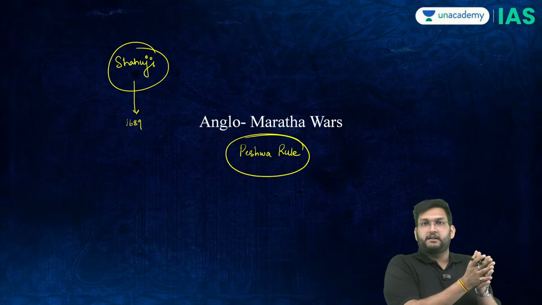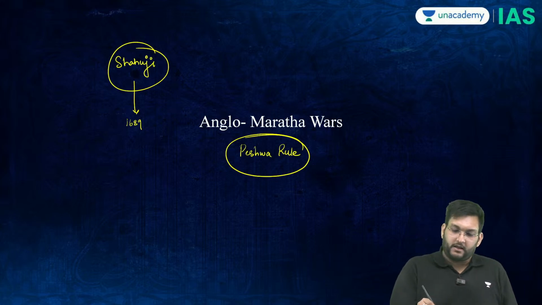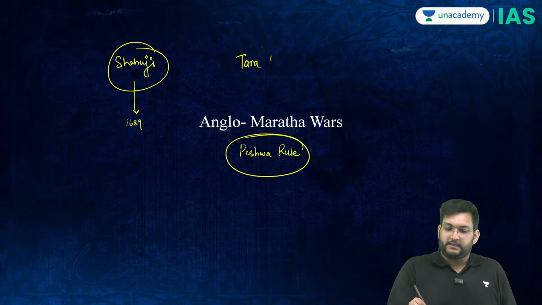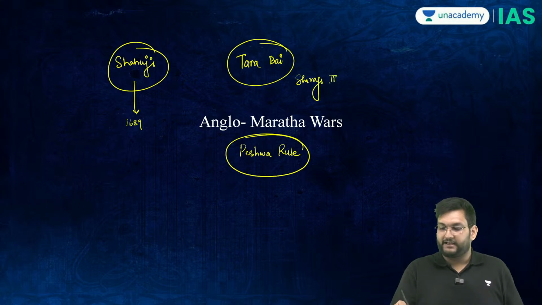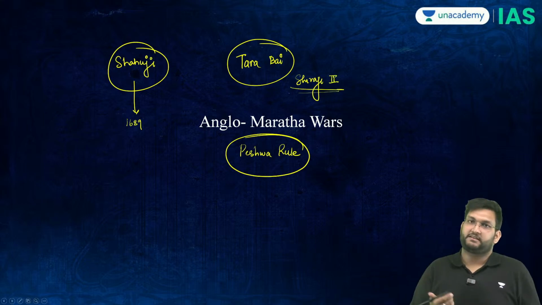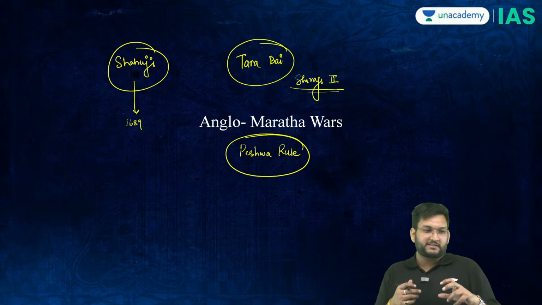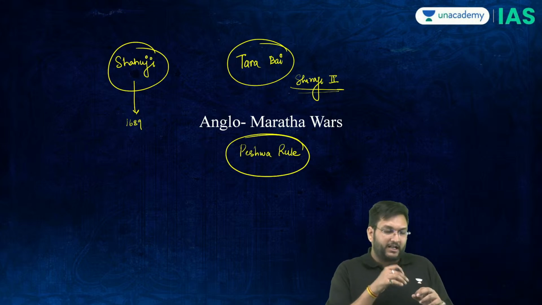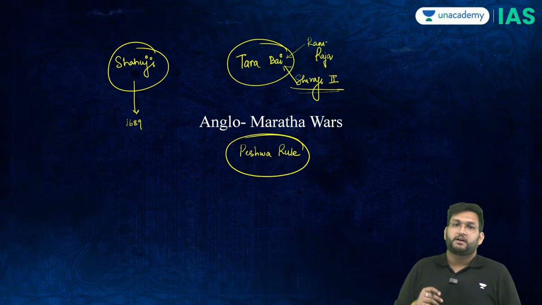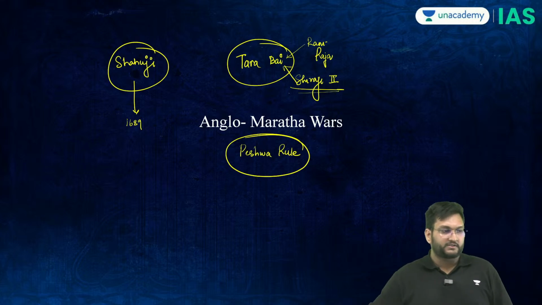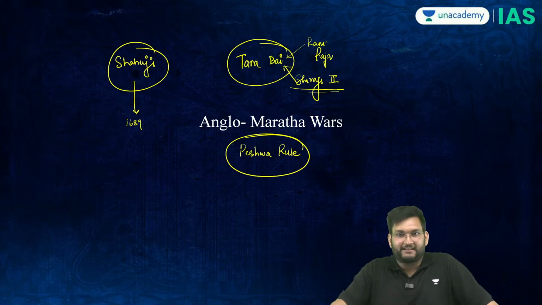Because he is in Mughal captivity, Tarabai will be ruling in the name of her son, Chhatrapati Shivaji II, and because her husband Ram Raja had died, she was the regent to Shivaji II.